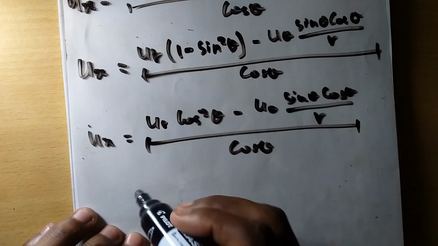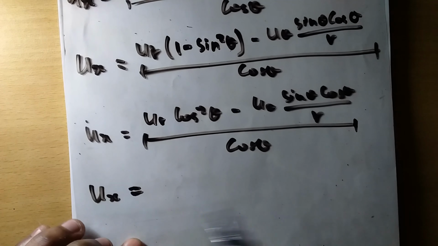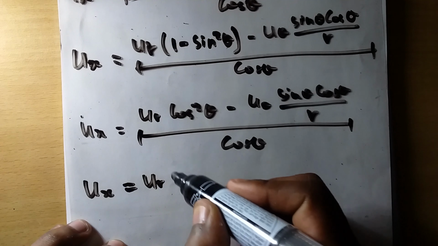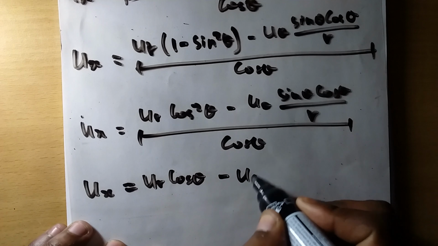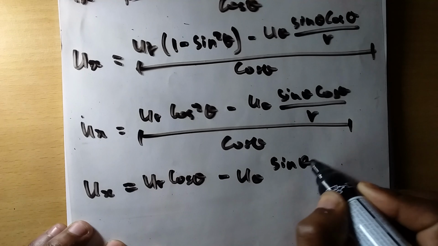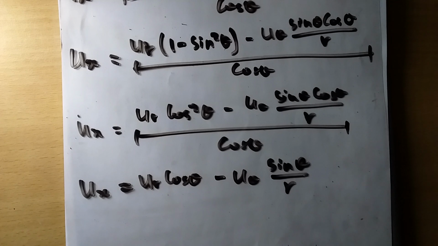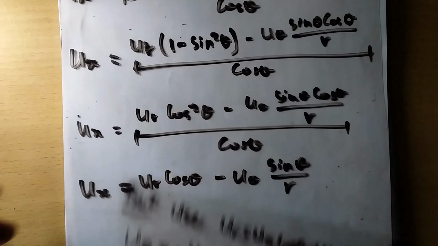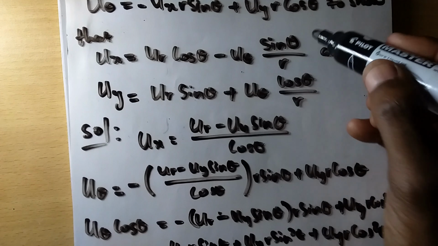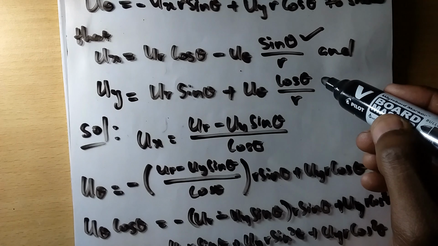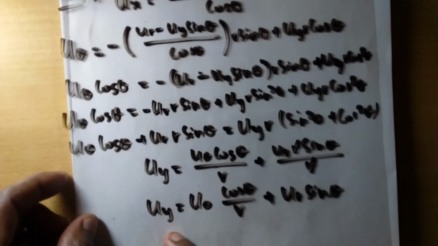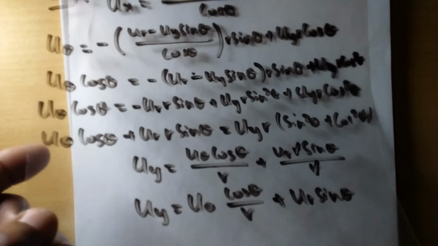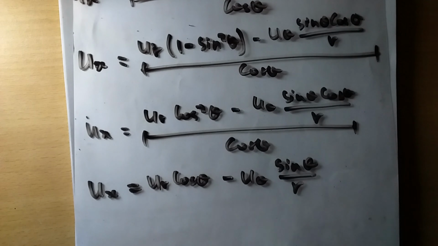Each term divided by cos gives us simply that U_x is equal to U_r cos θ minus U_θ sin θ divided by r, which is the second part that we needed. So we proved this one, and at first we proved that one, therefore we found our solutions. There's our U_y, and here is our U_x.